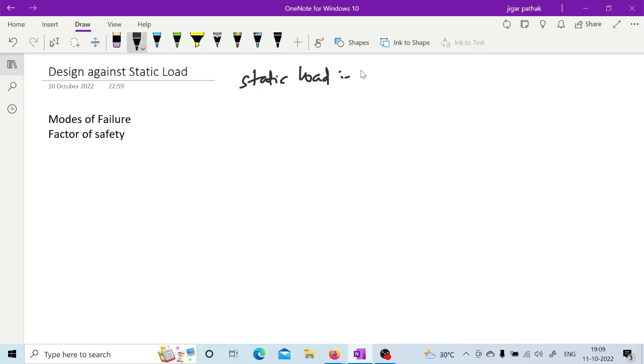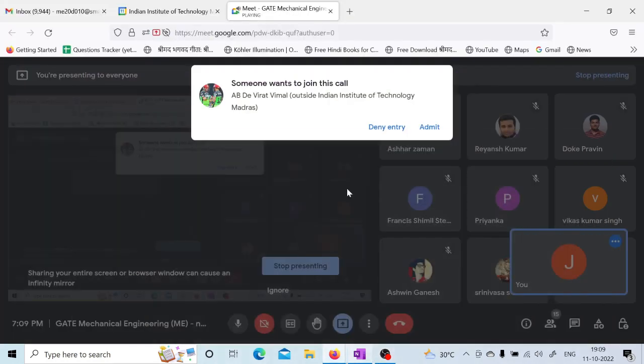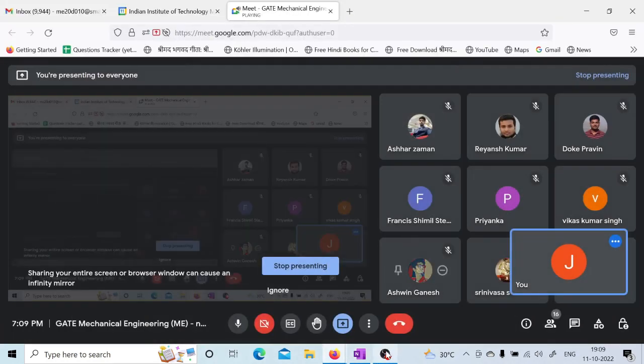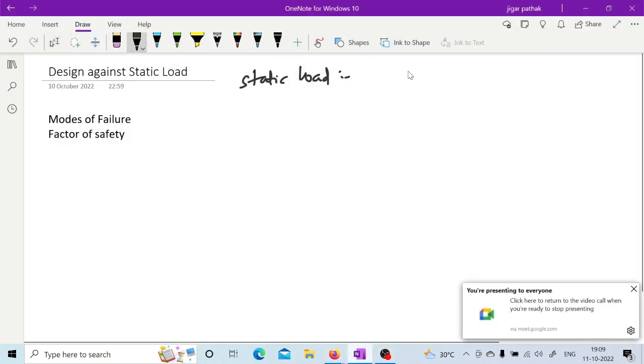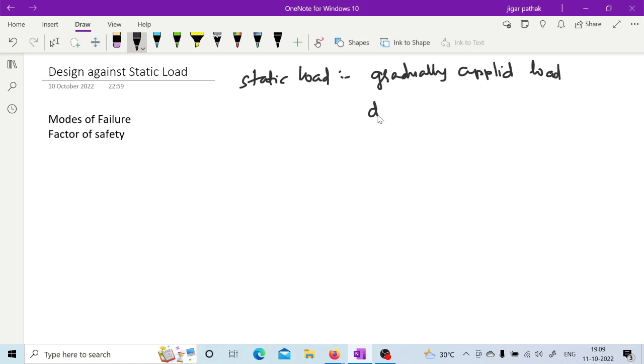Generally, whenever a load is applied gradually on any of the machine elements, and it does not change in its magnitude and direction, then it can be termed as static load.